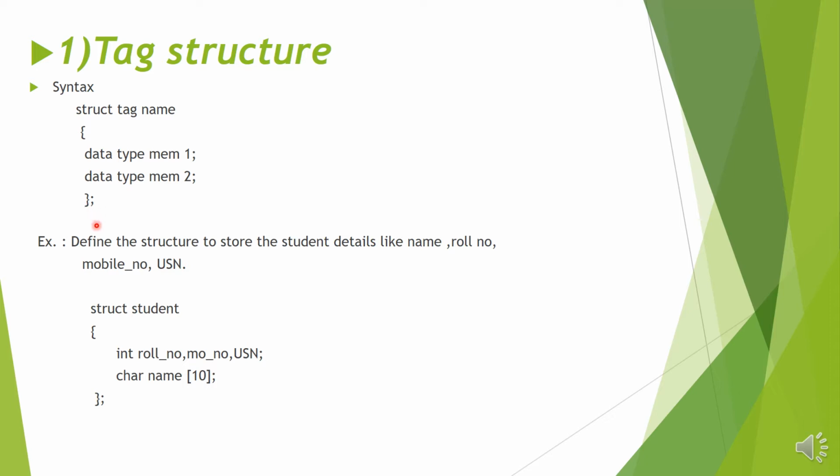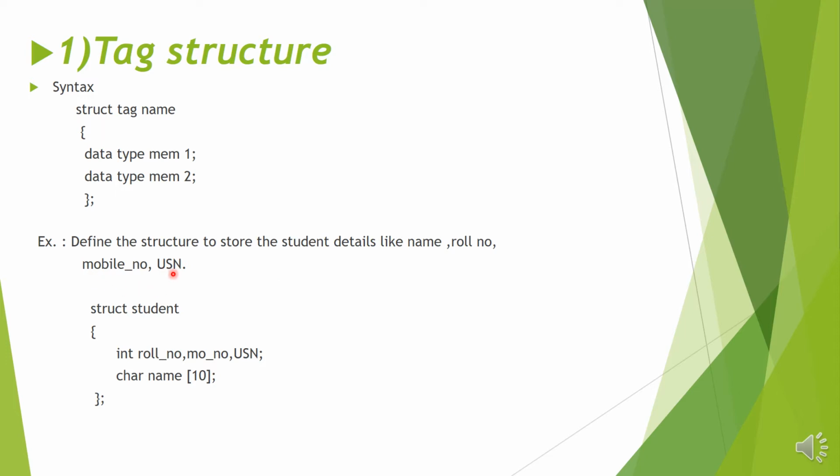Now we'll take one example for creation of a structure: define the structure to store the student details like name, roll number, mobile number and the USN number. So there are four member variables: name, roll number, mobile number and USN.